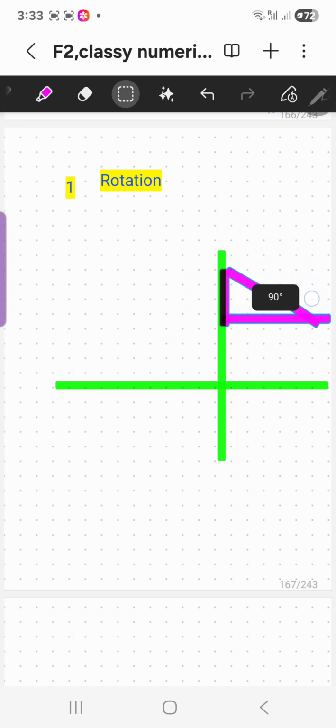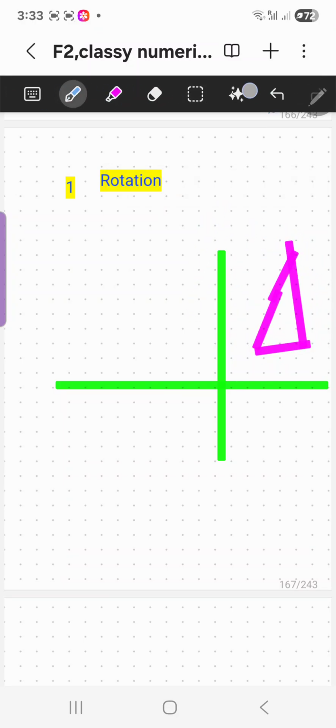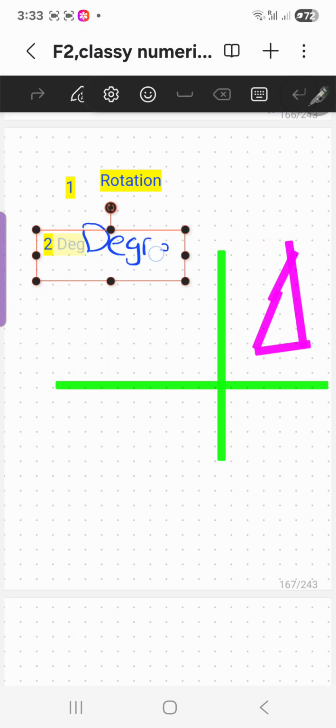The second mark he put here that you have to answer is rotation. Take the 1 mark. The second mark, you have to say the degree.